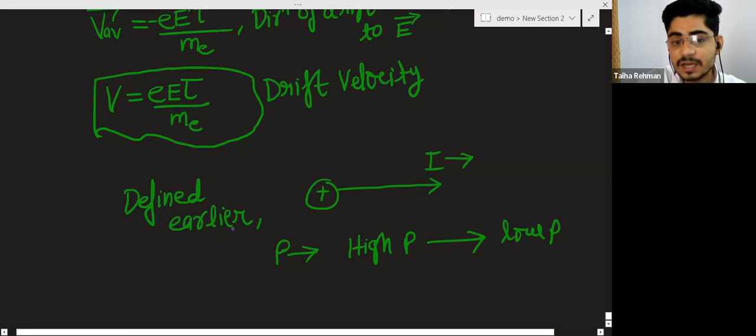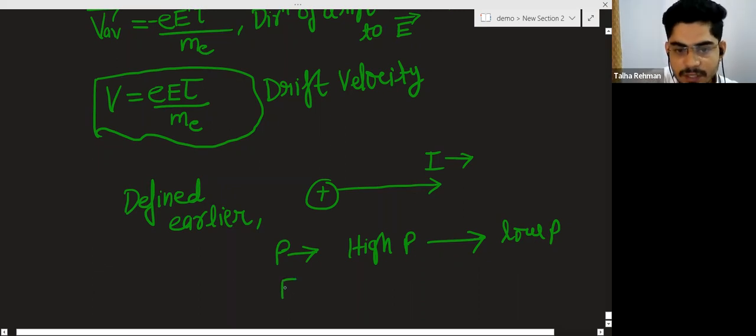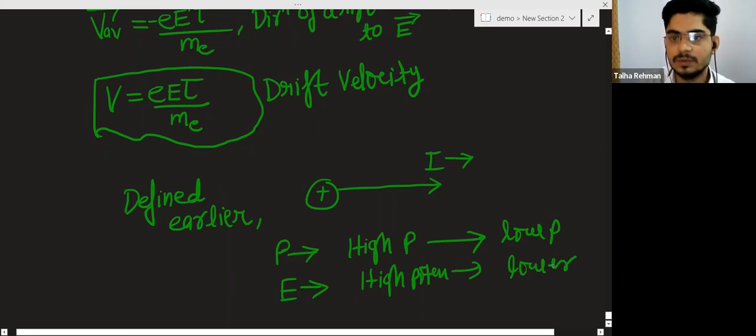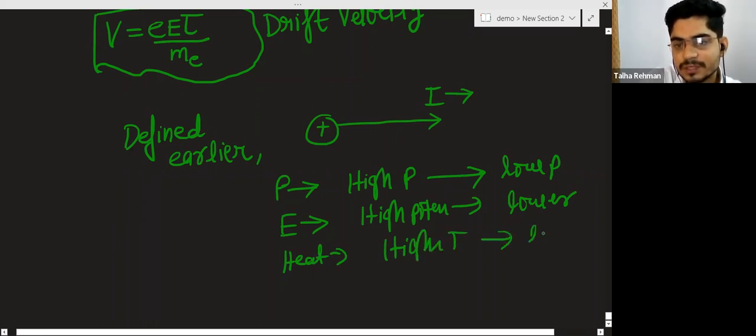Now this was the earlier case. Water flows from higher pressure to lower pressure. The direction of electric field is from higher potential to lower potential; in the direction of electric field, the potential decreases. Heat flows from high temperature to low temperature.